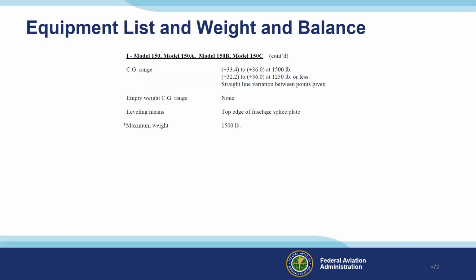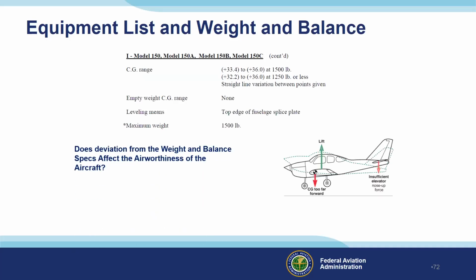Here is the section on the weight and balance. Notice in this particular case, we're going to look at this later, the Cessna 150 says the empty weight CG range is none. I just want to point that out because we're going to look at this later. And it lists the loaded CG range depending on the weight above that.